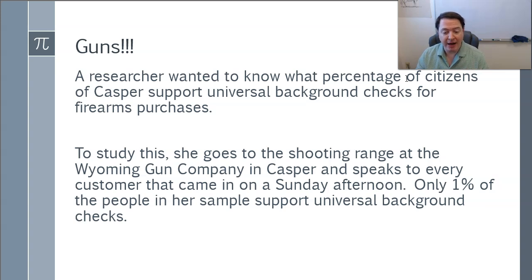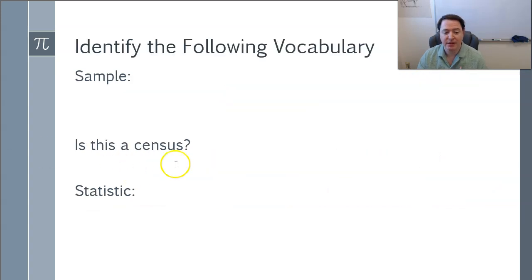Okay, so I need to know for sure what the population is. Well, here she's trying to see what percentage of citizens of Casper support background checks. And all she did was go look at the customers at Wyoming Gun Company on a Sunday afternoon. So this is absolutely not a census of Casper citizens, not even close. Okay, so no, this is not a census.